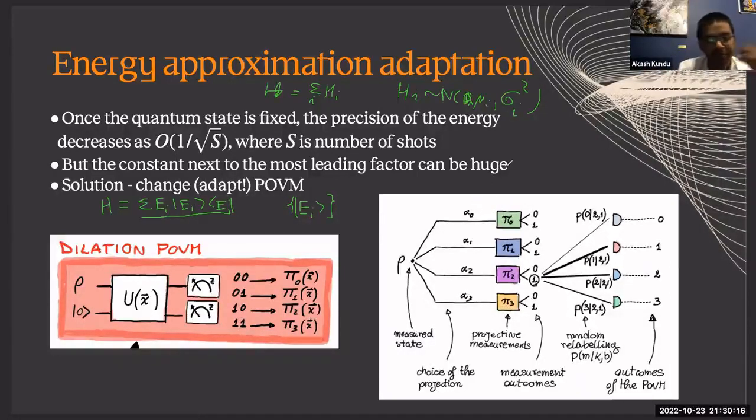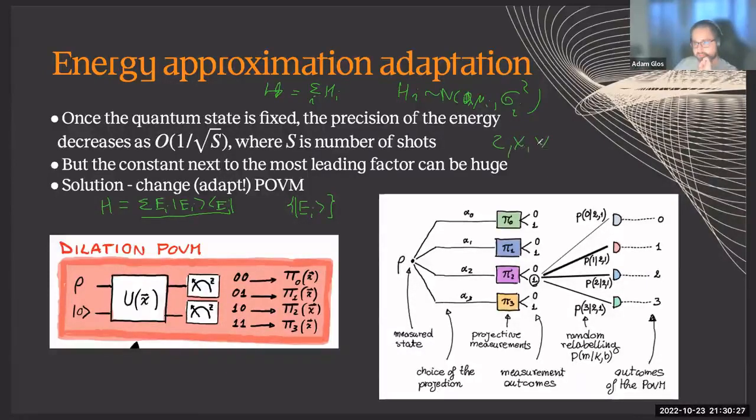This is why usually people just do measurement in the X, Y basis. This is, I would say, the typical strategy, and this will still be projective, very special because it will be a product over qubits. So this is the advantage, right?